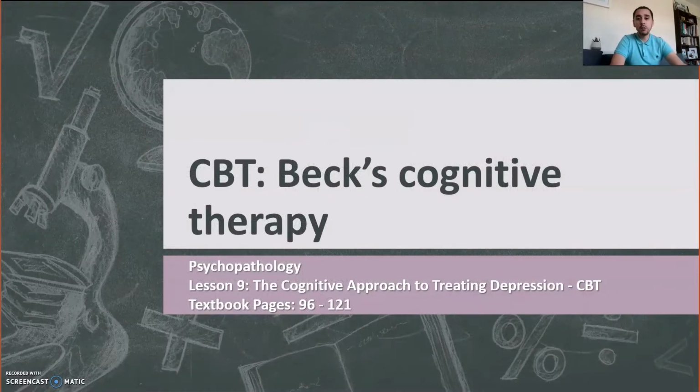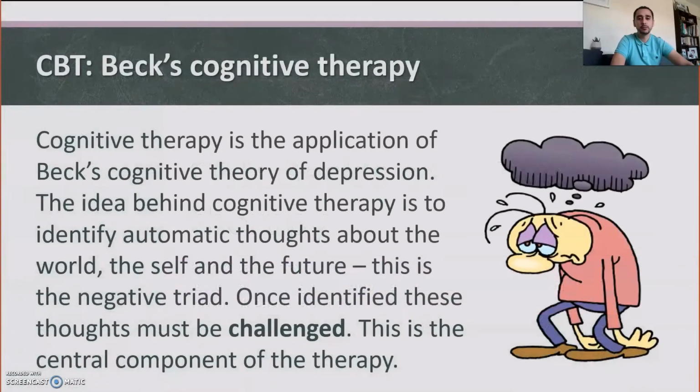Okay, let's start with Beck's cognitive therapy. There are going to be 2 types of CBT we're looking at, one from Beck and one from Ellis. Cognitive therapy is the application of Beck's cognitive theory of depression. The idea behind cognitive therapy is to identify automatic thoughts about the world, the self, and the future.